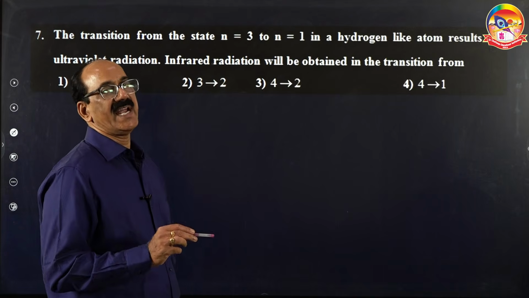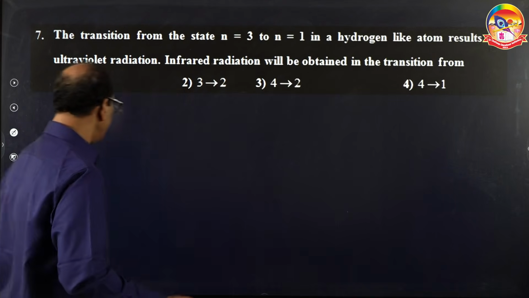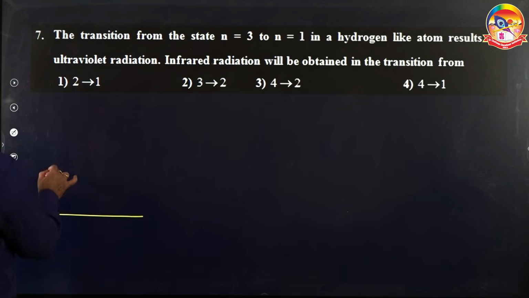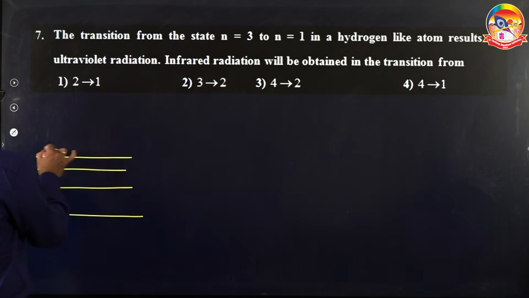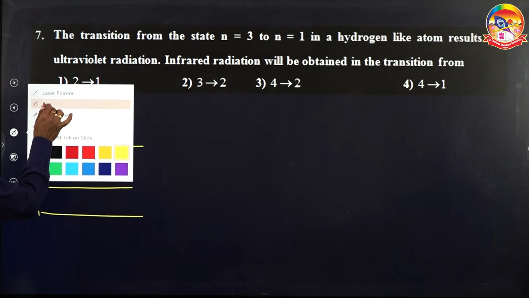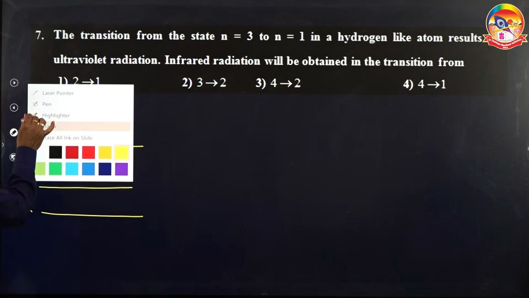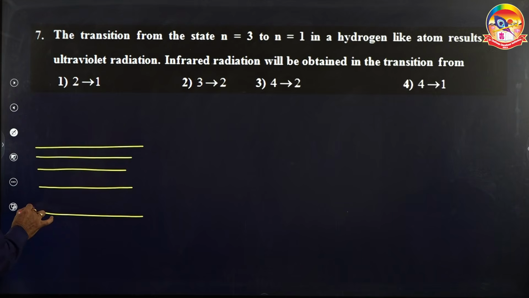So in the hydrogen atom, we get the Lyman, Balmer, Paschen, Brackett, Pfund series. If the electrons get de-excited from a higher energy level to the first energy level, then we get the Lyman series. Principal quantum numbers 1, 2, 3, 4, 5.